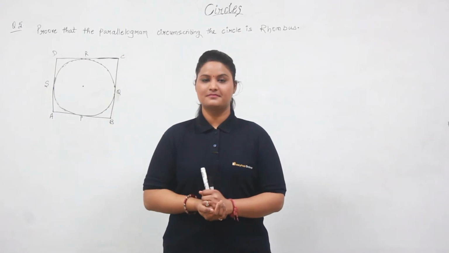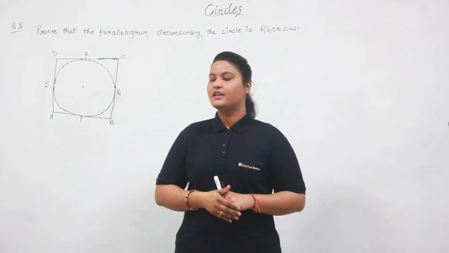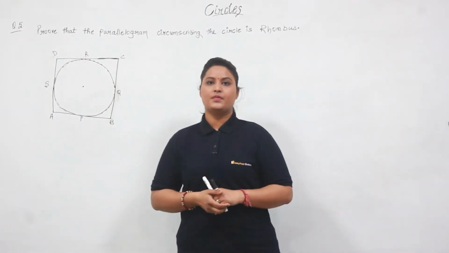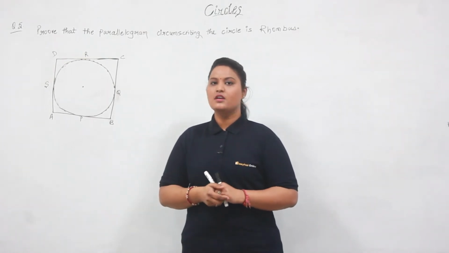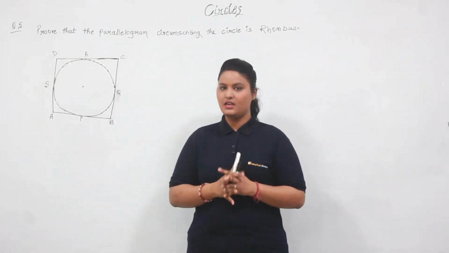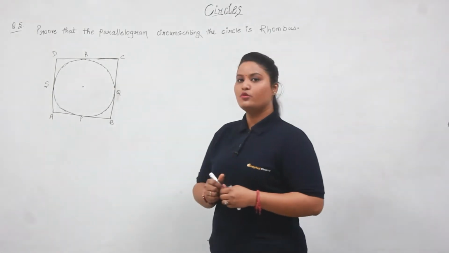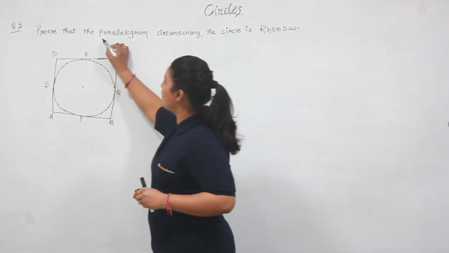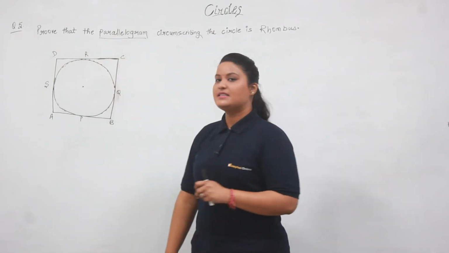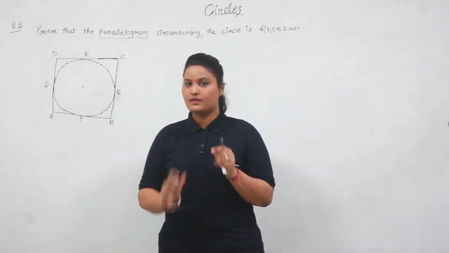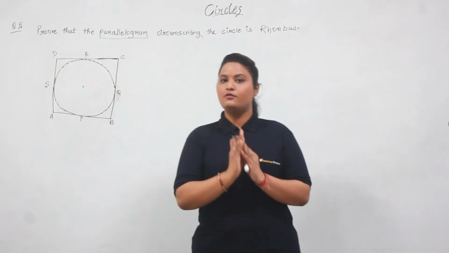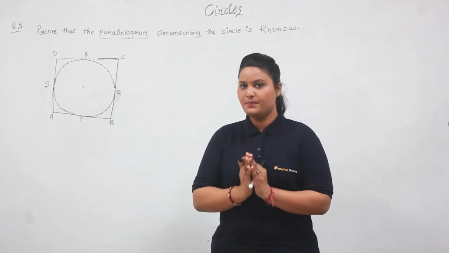Okay, class, now come to question number 5, and it's a tricky question, so we will look at the question very focused. Now the question is, prove that the parallelogram ABCD is a parallelogram. It means that it will follow all the properties of the parallelogram, right?